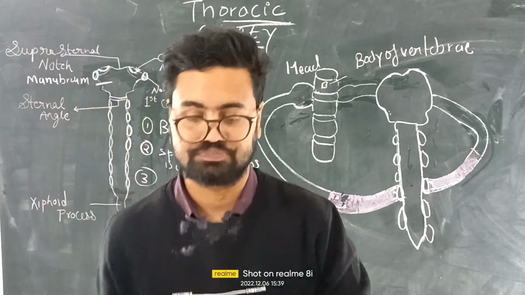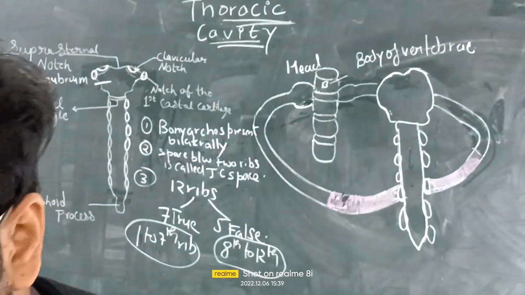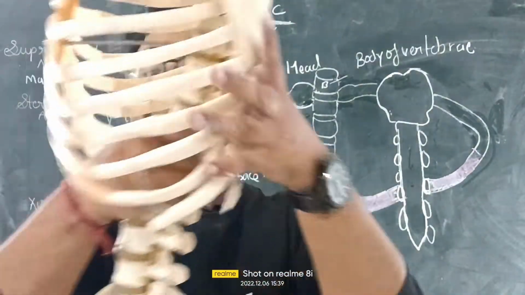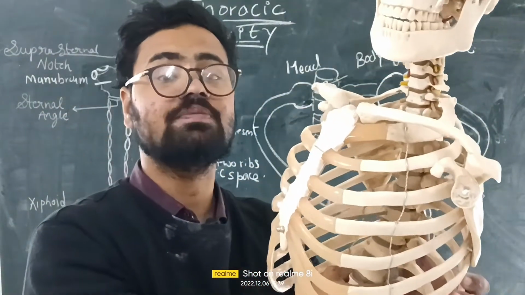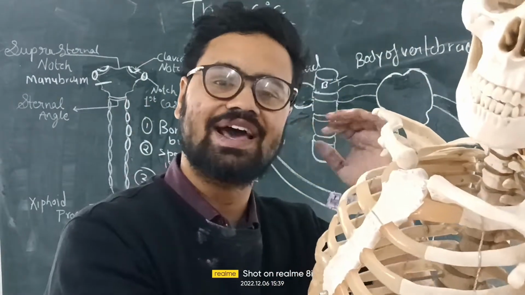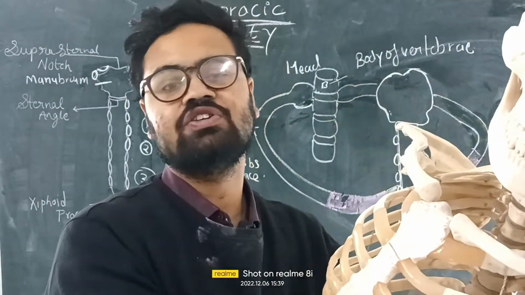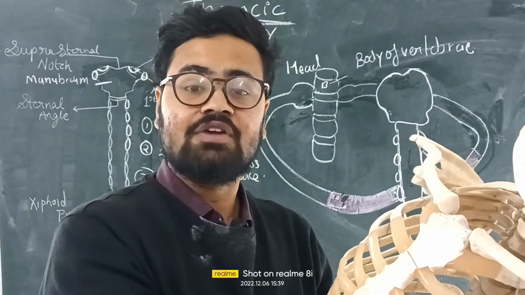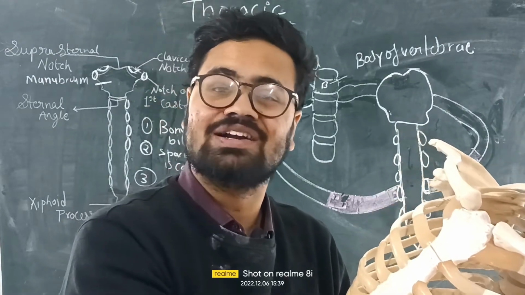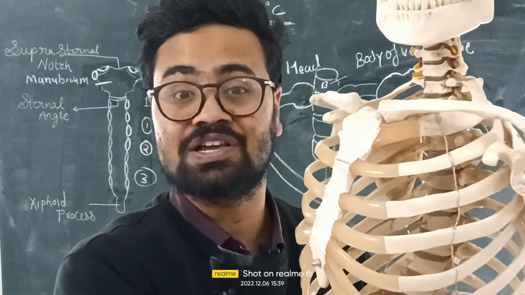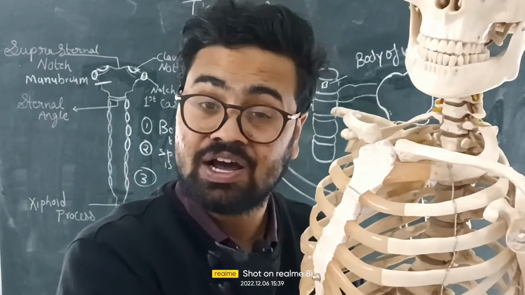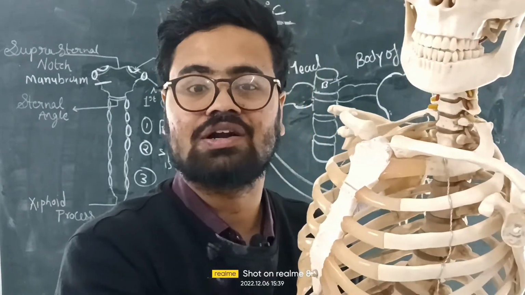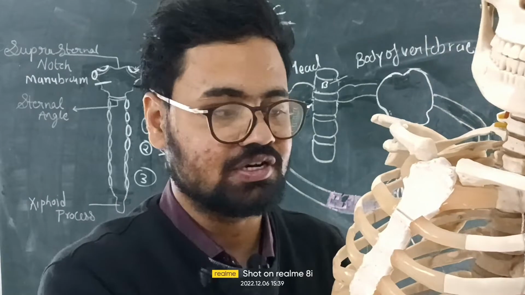Let me show you. See, what is the criteria? I told you that true ribs are attached anteriorly directly to the sternum and posteriorly to the vertebra, but false ribs are not attached directly to the sternum. Note it down, guys.